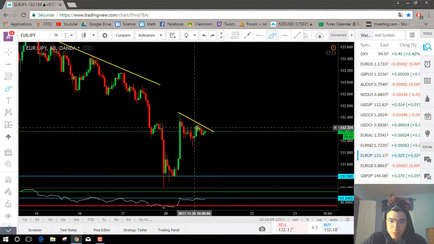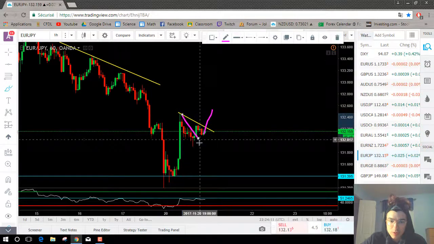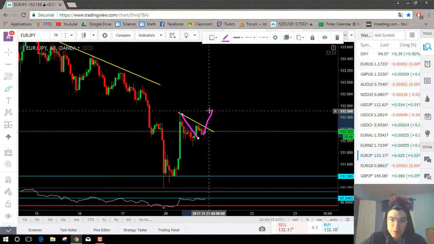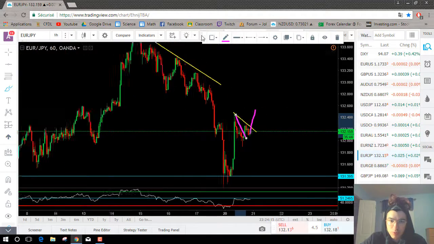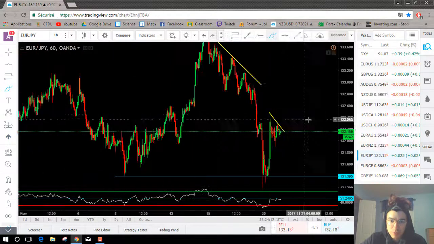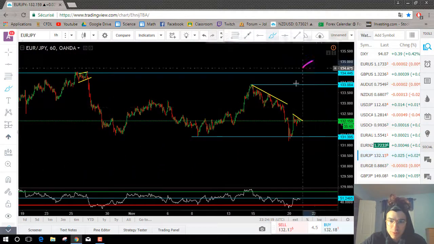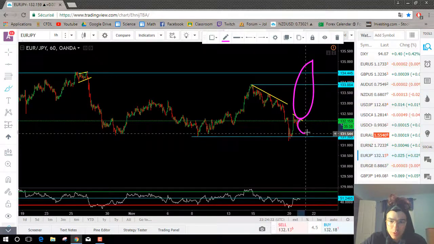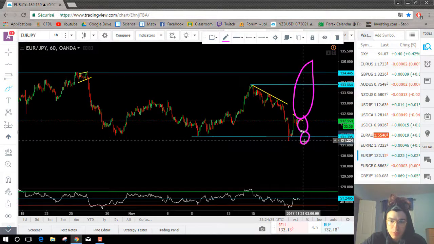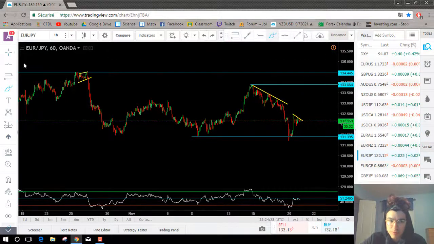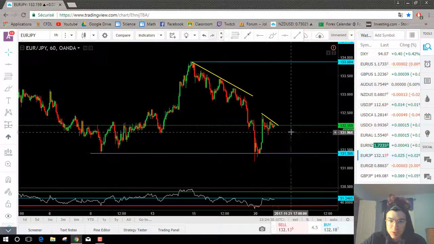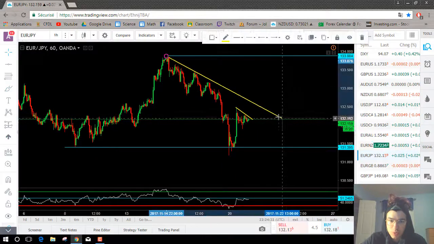But even if we break right here, this will still be the flag, and this is the breakout. So you can look for a buy setup. The room for the upside is pretty big compared to the stop loss, depends on how you like to put it. It's a very nice setup as it is right now for this week. So you can watch for this.